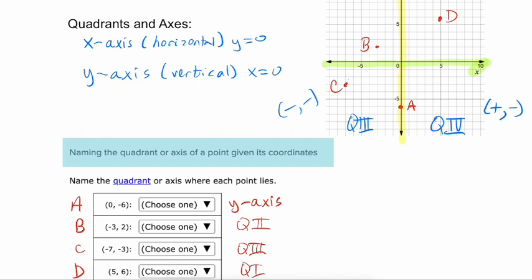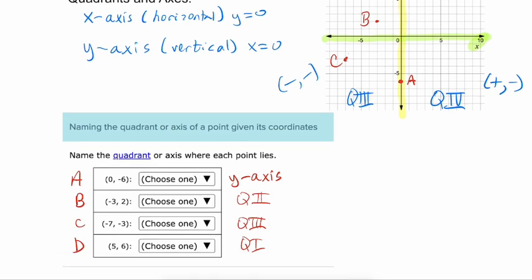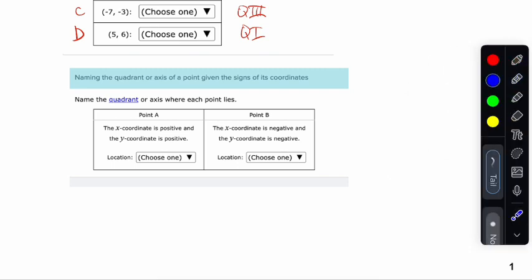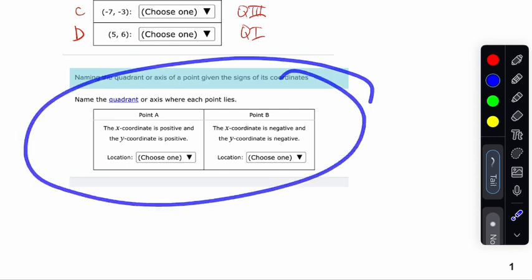Okay, so that is something that if you see they have asked you in ALEKS how to do that, there's that little drop down triangle, just pick the correct corresponding coordinate or axis. Everybody good there? Okay. Same thing here. This is what you might see in ALEKS.